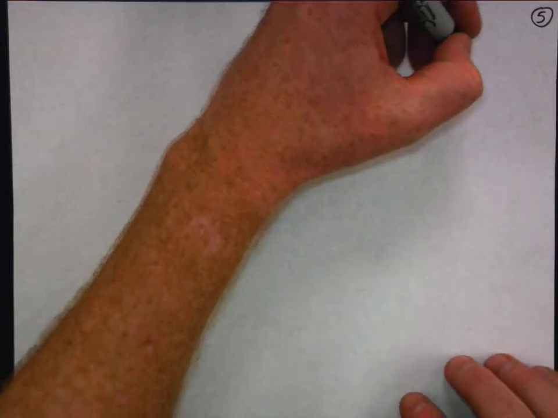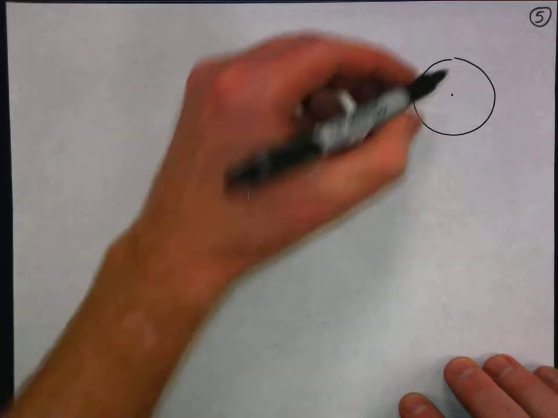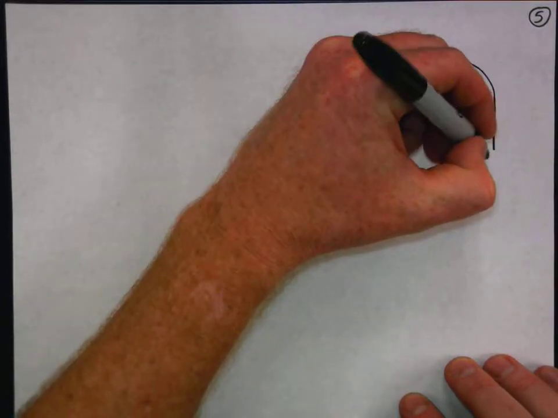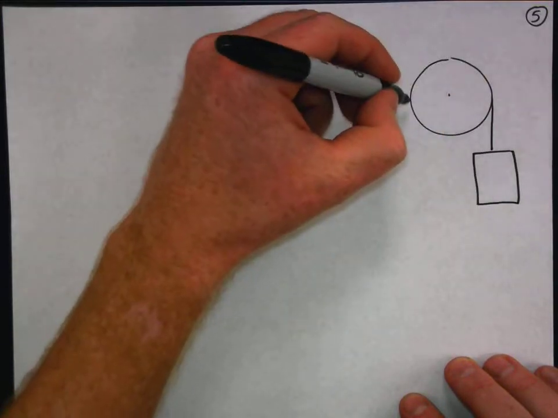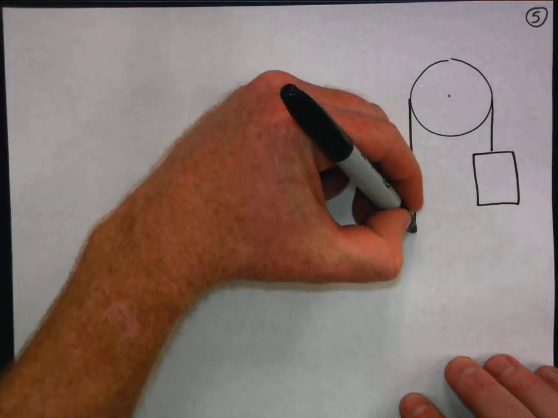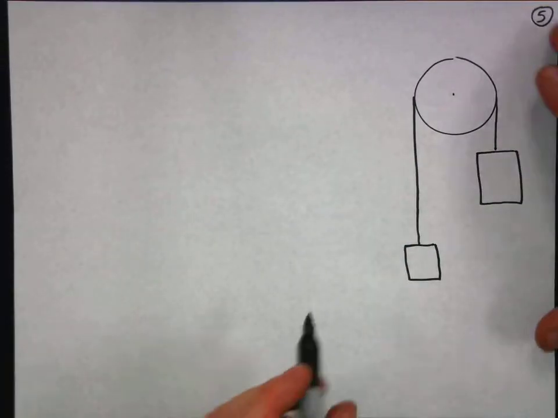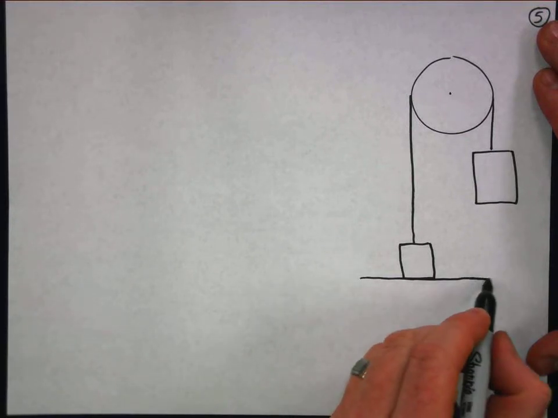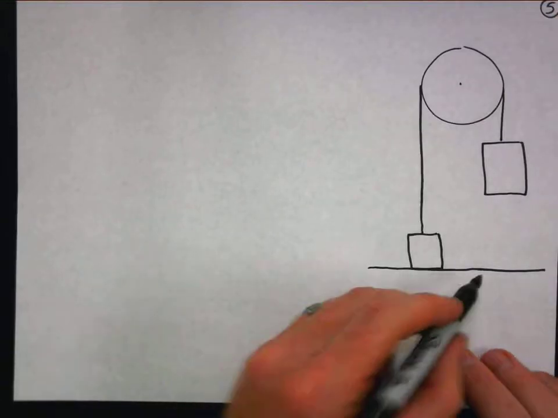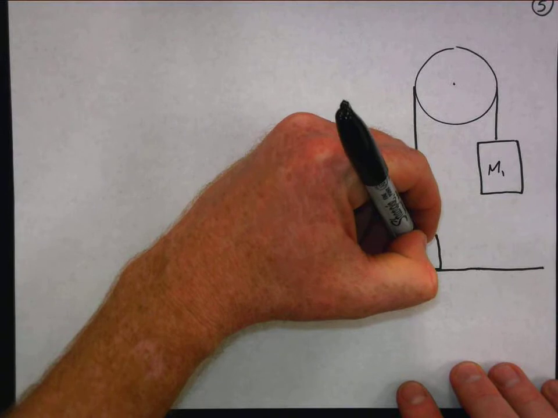So here's what I want to look at. I'm going to check out an Atwood's machine because this is very common with a pulley. There's a center and string coming down to a mass hanging there, string coming down to a mass there, and this mass is starting out on the floor, the table, whatever that surface is, and this mass is M1, M2.